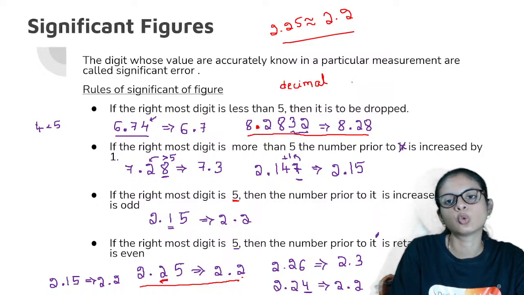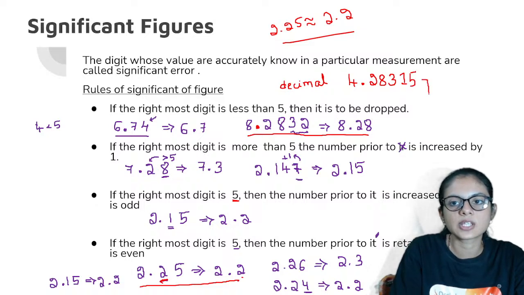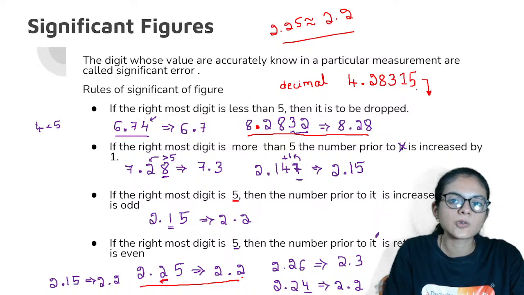So if I give you a question, 4.28315. Okay, now reduce this into a 2-digit number. Can we do this? Reducing this number into just 2 digits, what will be the answer?